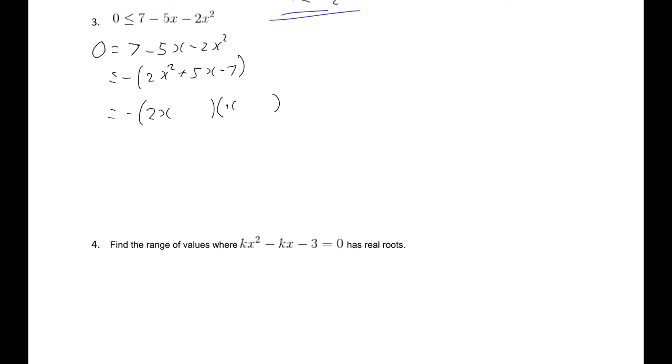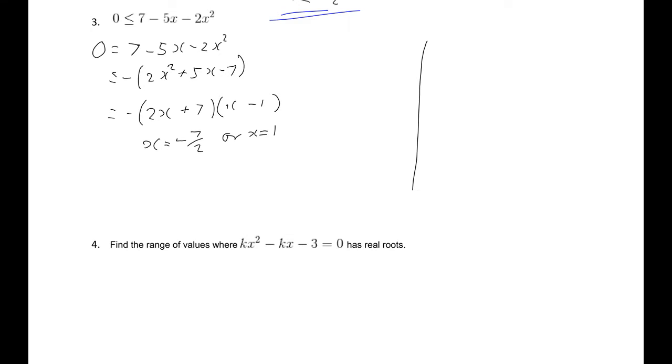And we need that one to be 7 and that one to be minus 1. Yep, there we go. So we find that x equals minus 7 over 2 or x equals 1.